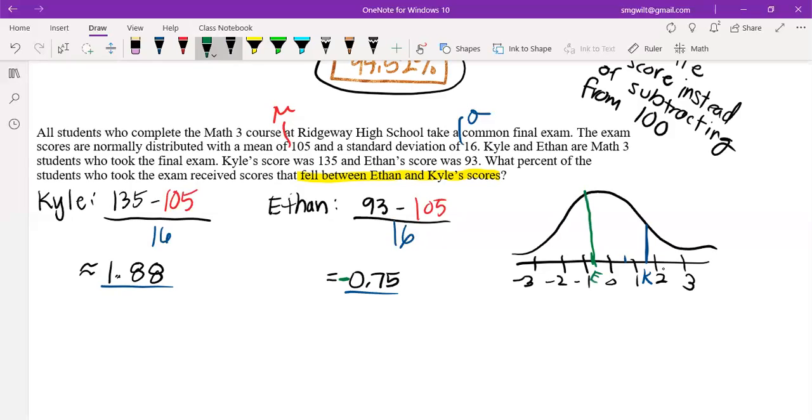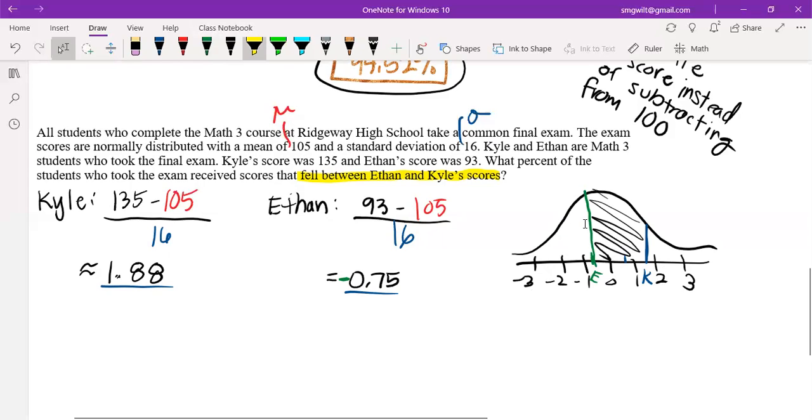We're looking for this area between the values. Remember that we're going to look up the two separate percentages, the two separate areas under the curve, and subtract them to find the area between.